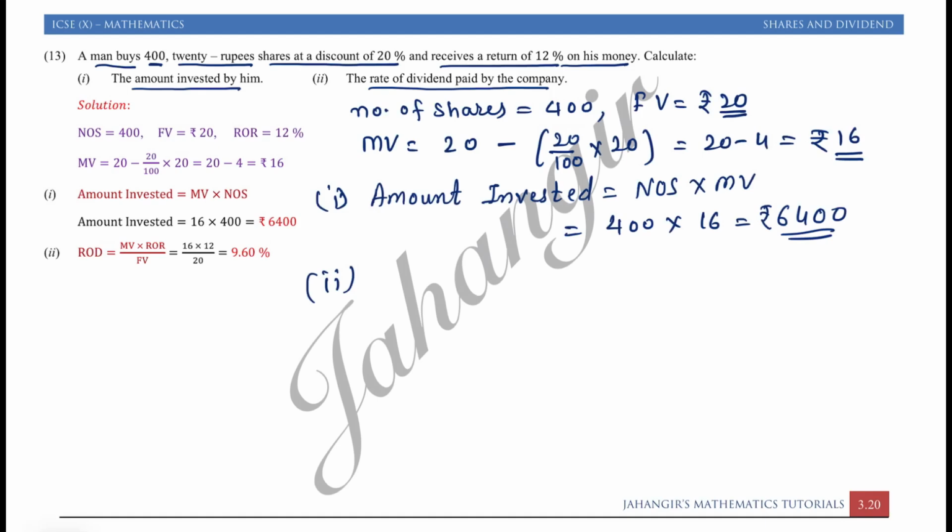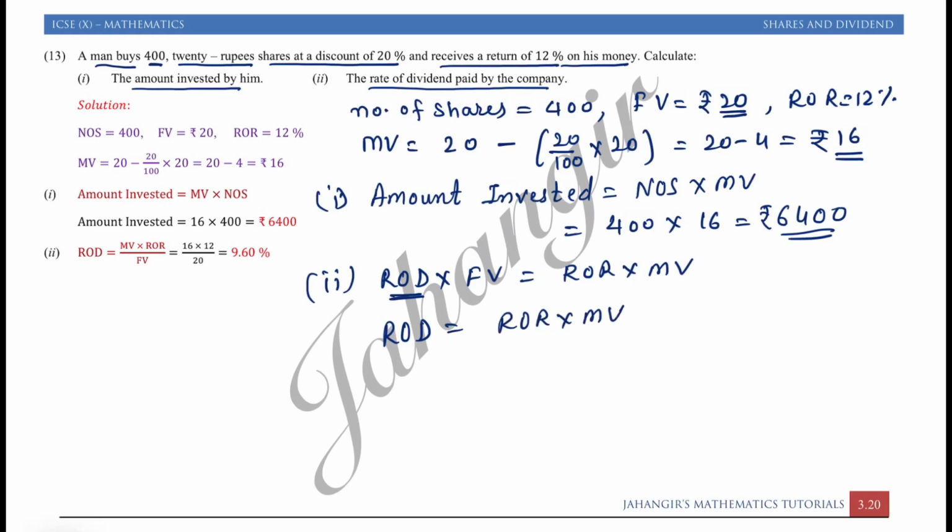When rate of return is given, here rate of return is given as 12%. So we know this formula, ROD into FV is equal to ROR into MV. So since we want ROD, I can write ROD is equal to ROR into MV upon FV. So ROR is how much? Rate of return is 12%.